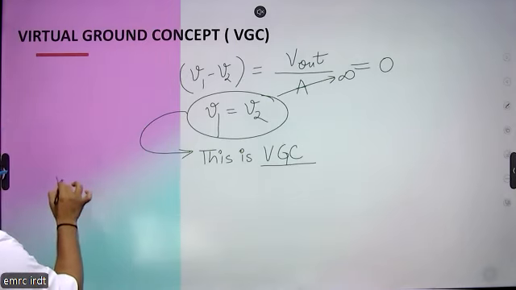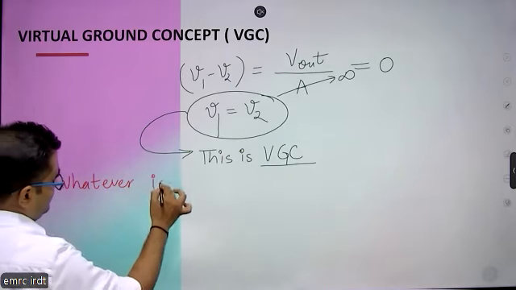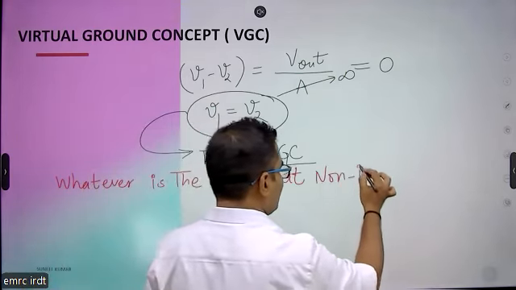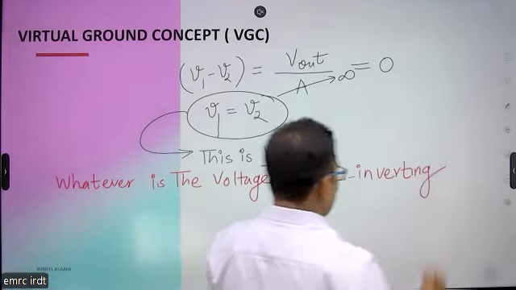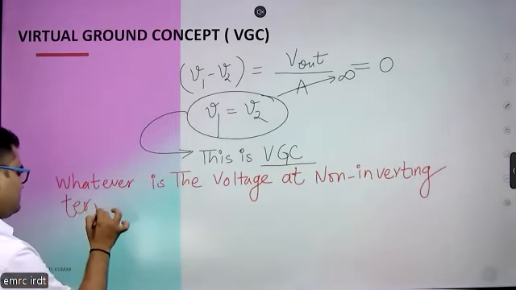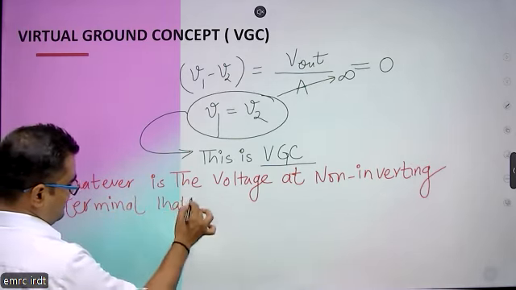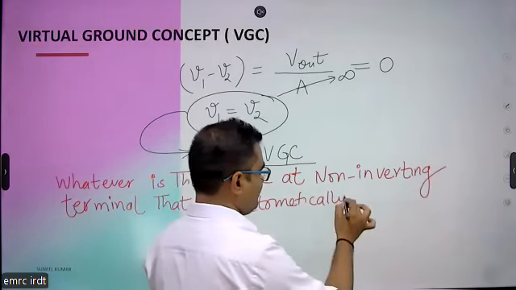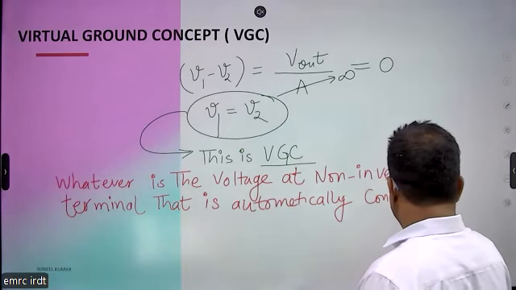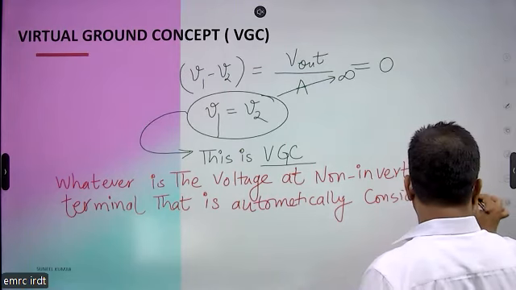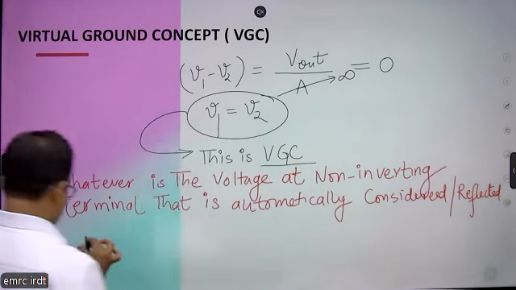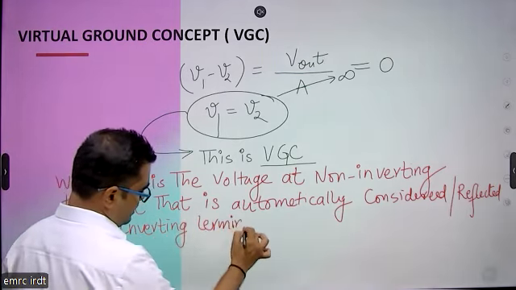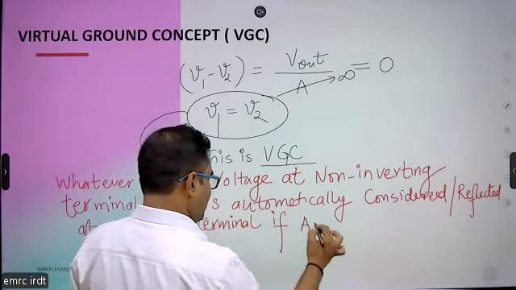What does it mean? Whatever is the voltage at the non-inverting terminal is automatically considered or reflected at the inverting terminal, if gain is infinite.